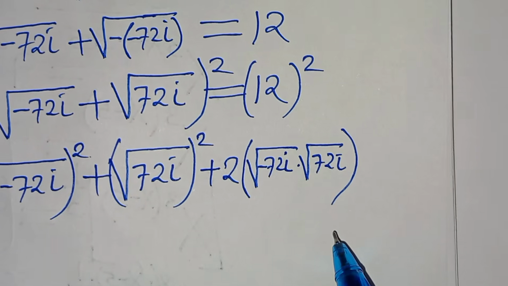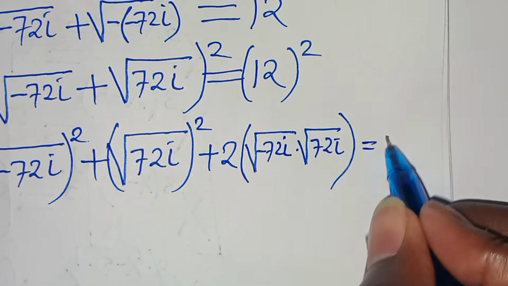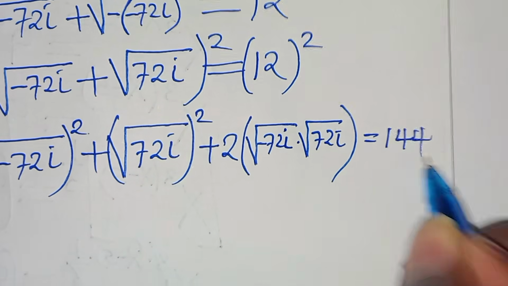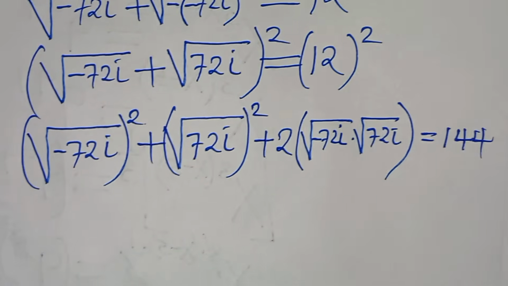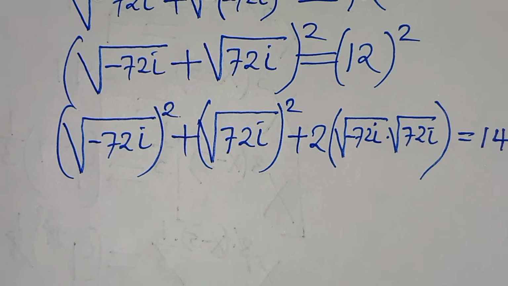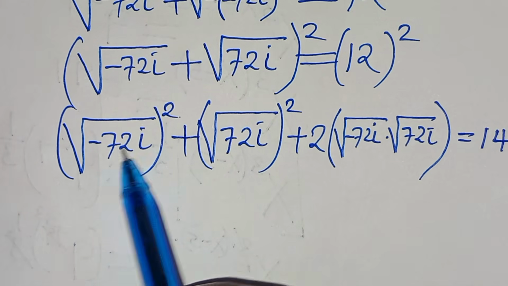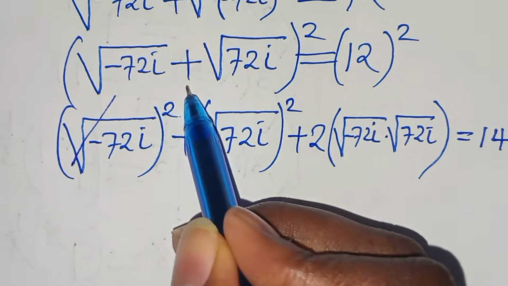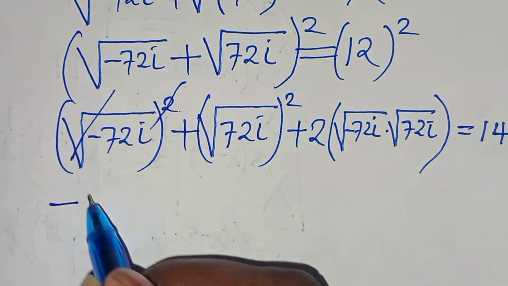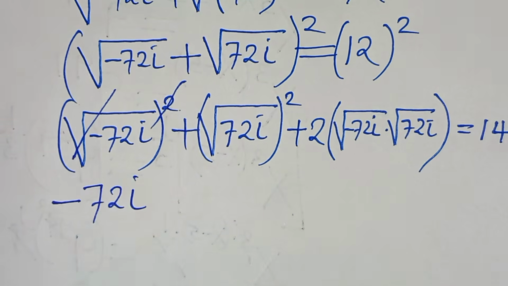This should give us a value of 12 squared, which is 144. Now, the square root of minus 72i squared means we eliminate the square root sign, so that we have minus 72i.